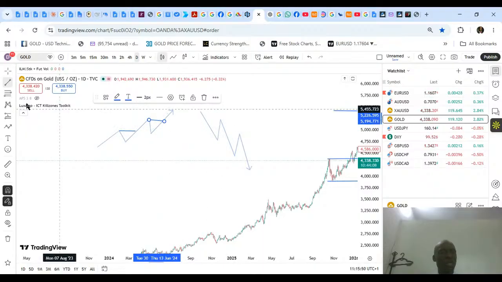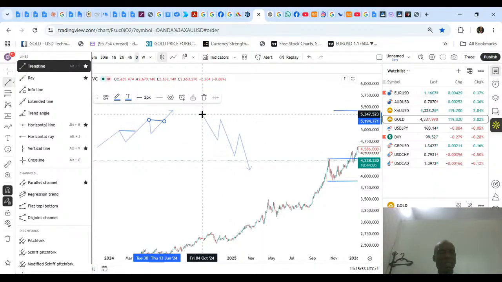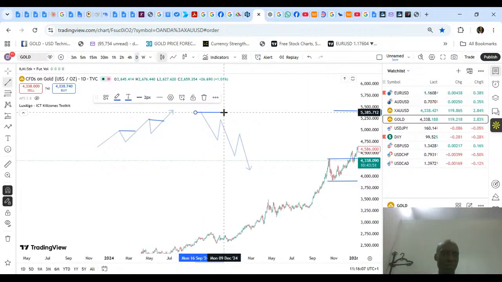Then the other way, if the market moves low, creates a low, and then makes a lower high, goes up, but it retraces and doesn't go back to the previous level.